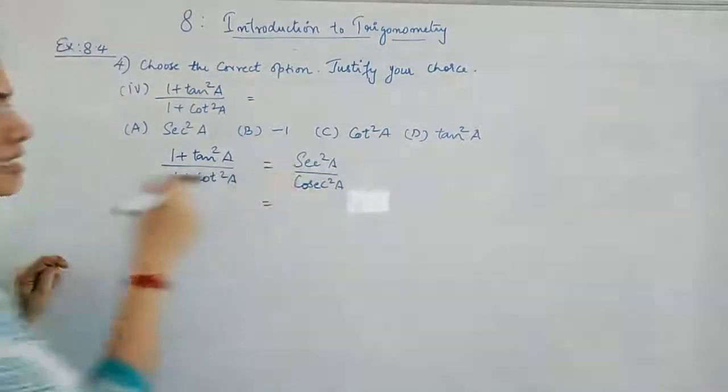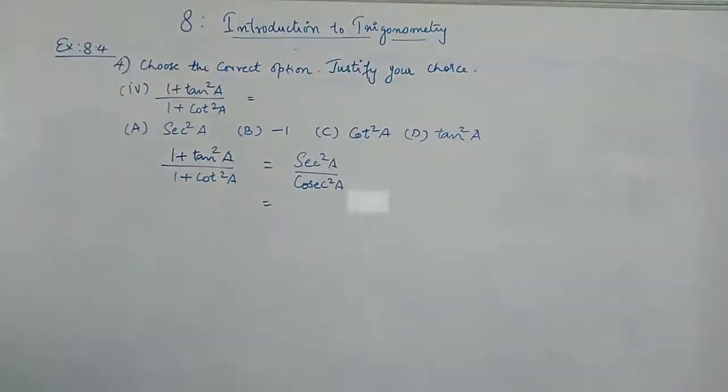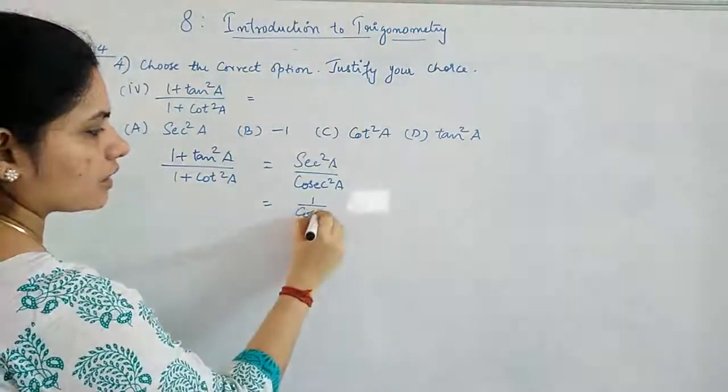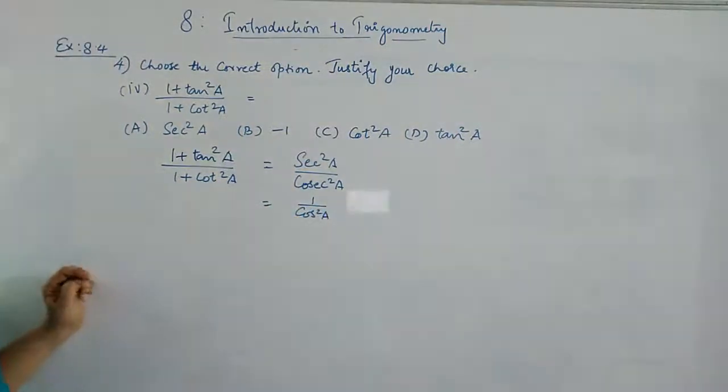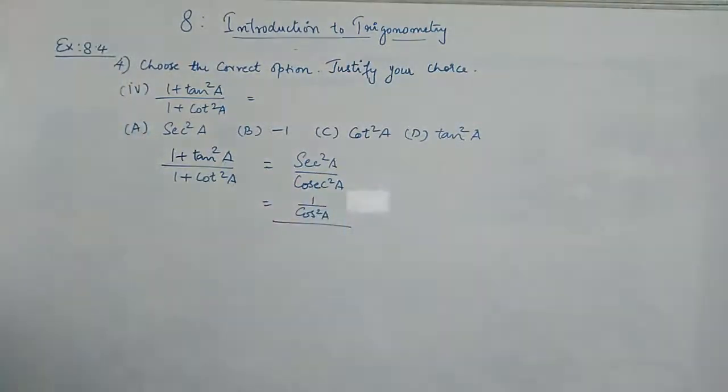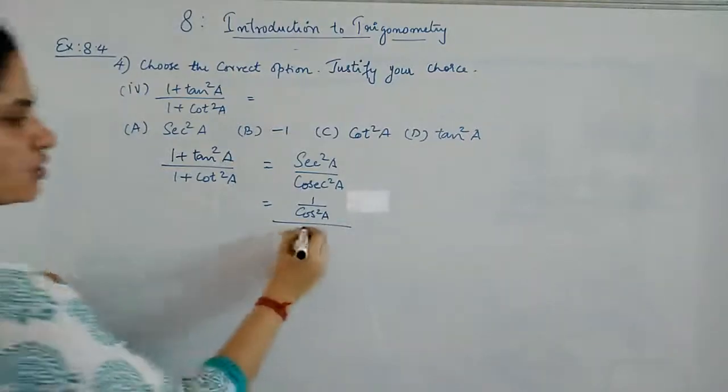Now we are just changing sec square and cosec square in terms of sin and cos. What is sec square a? It is 1 by cos square a, right? Sec a is 1 by cos, so sec square a is 1 by cos square a. And what is cosec? Cosec a is 1 by sin a, so cosec square a will be 1 by sin square a.